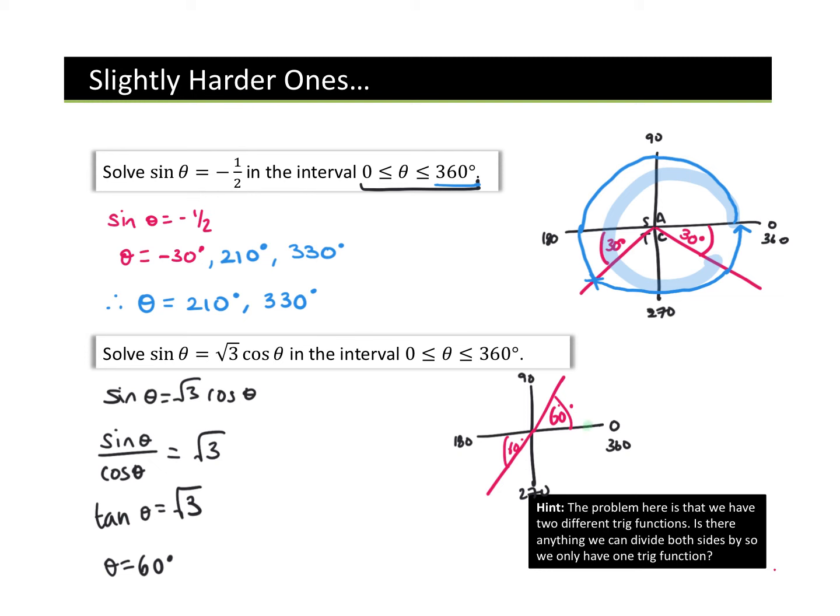So if I go from here to here, this is my first angle. This is 60 degrees, which we've already written down. If I start at 0 and go all the way, the angle I want to find is 180 plus 60, which is 240 degrees. And then if I carry on all the way round, it doesn't intersect again, and I stop. I stop when I get to 360, because that is where my interval is in between.